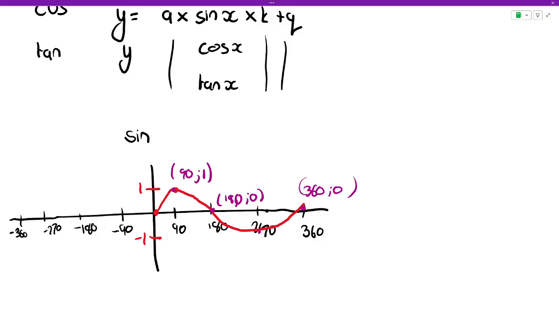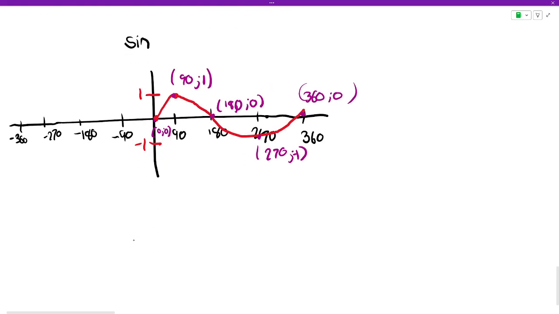However, at 270, it's going to be 270 and minus 1. Then 360 and 0. Quite simple. That's the base graph.